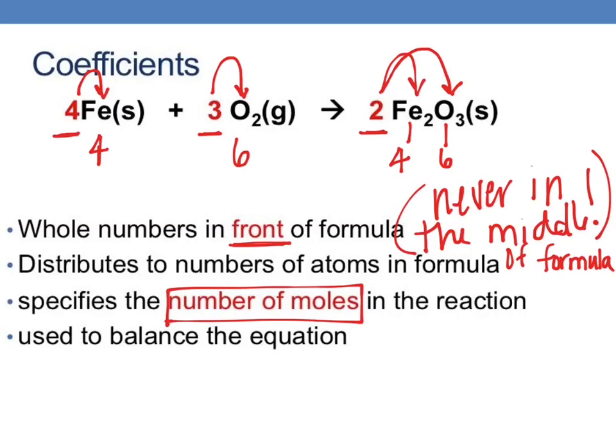Okay, so the number of moles is the coefficient. And we are going to use these to balance the equation. So we're going to put numbers in front of our substances, or those equations we've been writing for 2 days, to help us balance the equation.